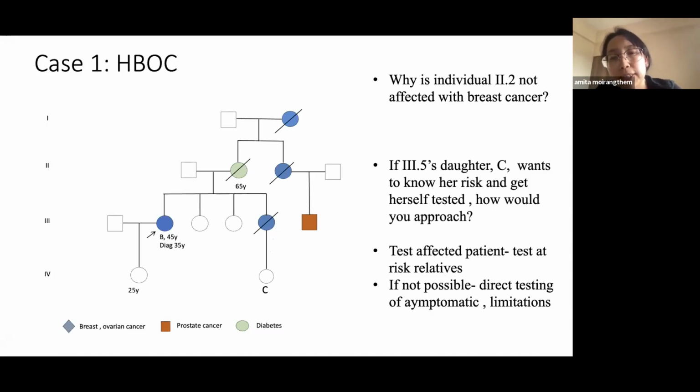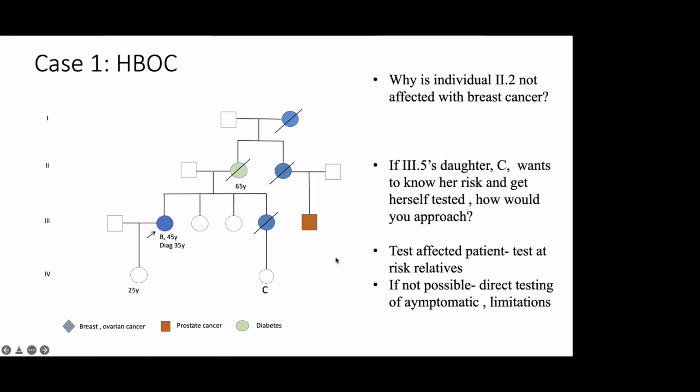Then more importantly, if we get a negative report or an uninformative report in this individual after testing, then we cannot conclude whether she doesn't have the risk, or whether she has the risk and we are not able to identify it. For example, if we go for NGS direct testing in an asymptomatic individual without a prior report available in the affected patient.